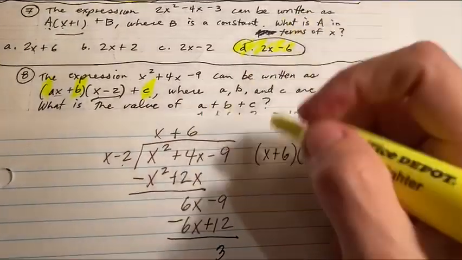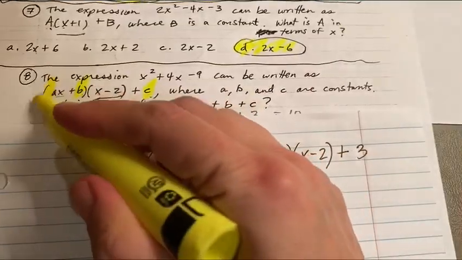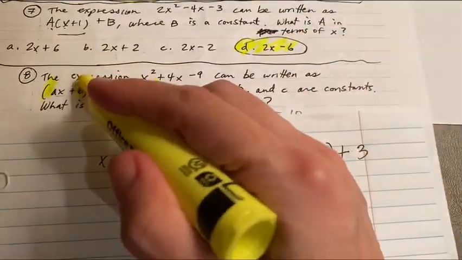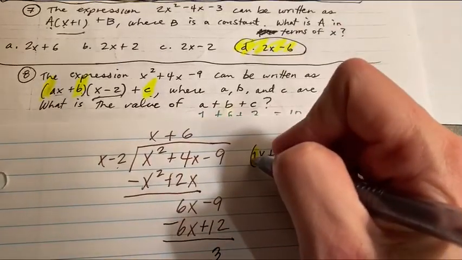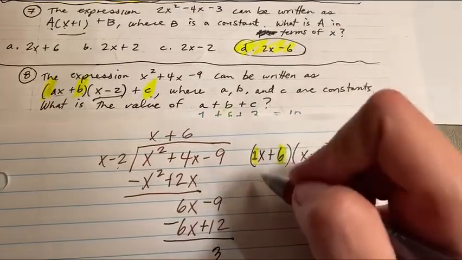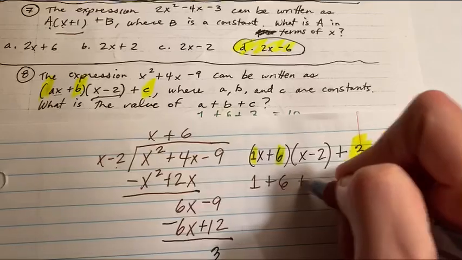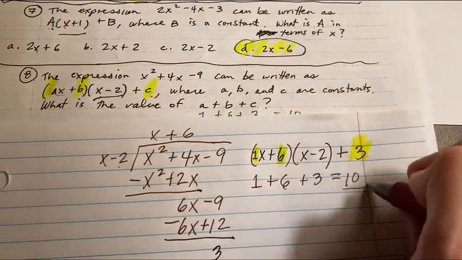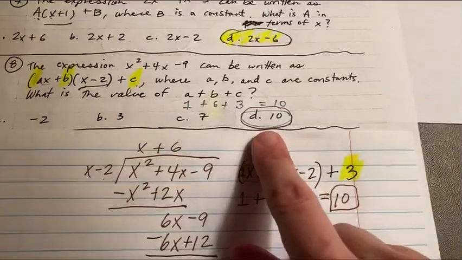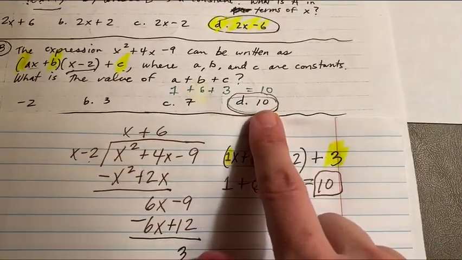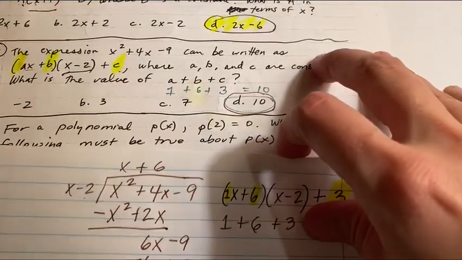Well, A would be the number in front of x, B is this number 6, and C is the remainder. Well, there isn't a number in front of the x, but you should be thinking, yep, that's the number 1. So 1 plus 6 plus 3 would add up to 10, and yes, that's what they're looking for in this question. Ooh, let's keep going.